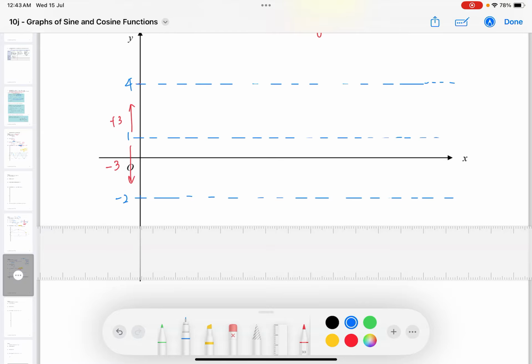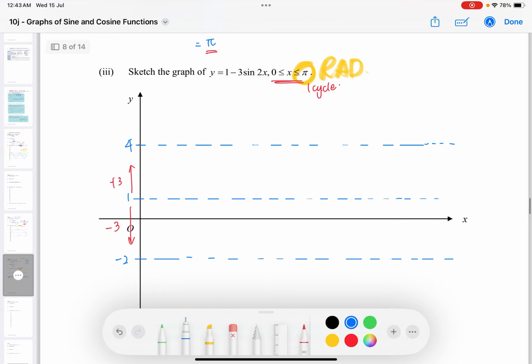Okay, so now I'm done with this. And then I will want to mark out my x-axis now. 0 to pi, so we just have to draw until pi. The middle, somewhere here, is our pi over 2. Okay, but remember there's the mountain and the trough, right? So this part is pi over 4, and this part will be 3 pi over 4.